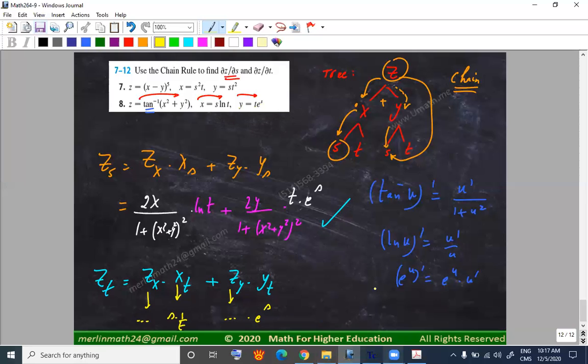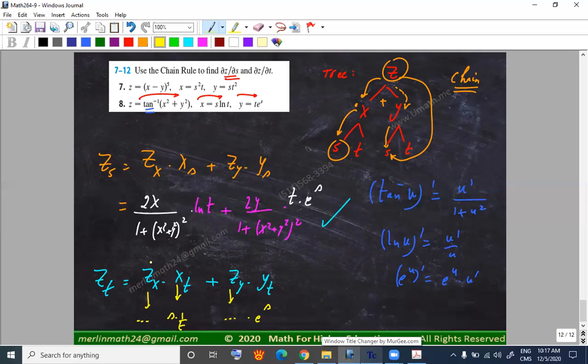Next, any question? Is it clear? Yes, it's clear. Am I moving too fast? No, your level is average and above average, so it's okay. It's not that fast. The thing is, when they ask us in the exam to find z over s or z over t, we just do this.